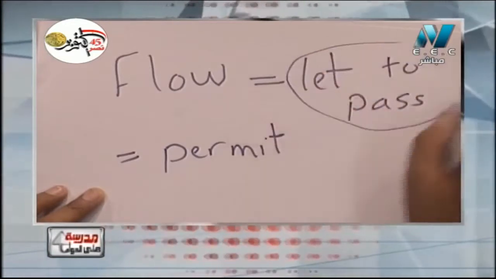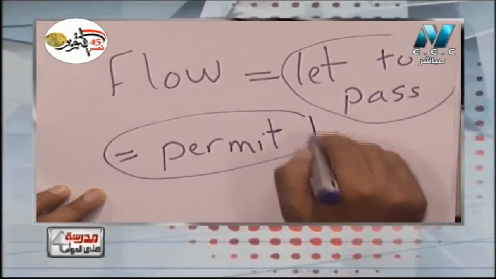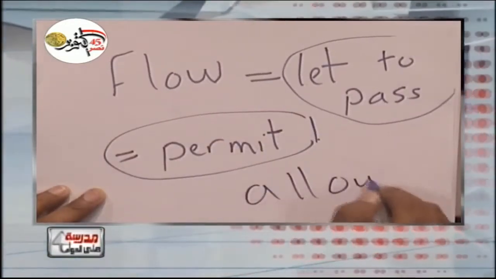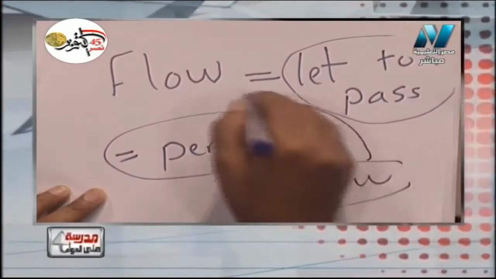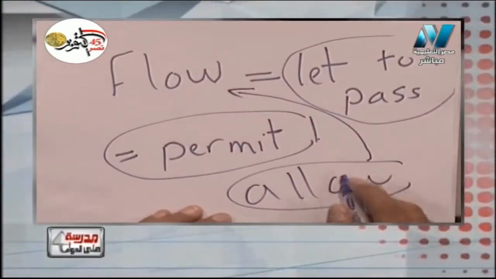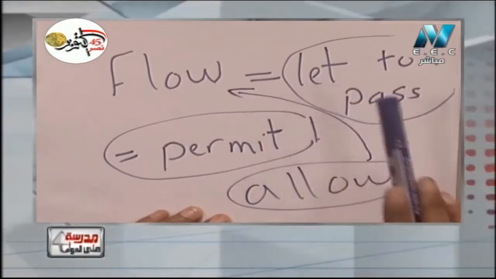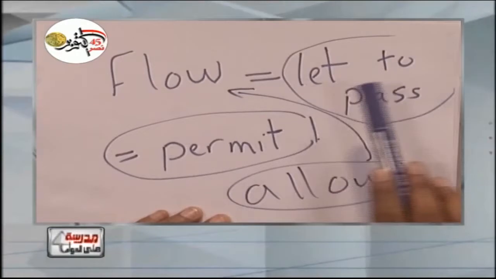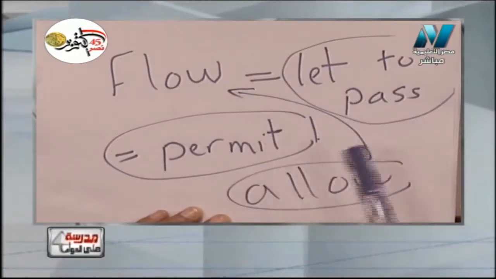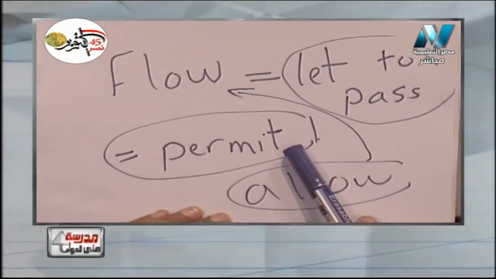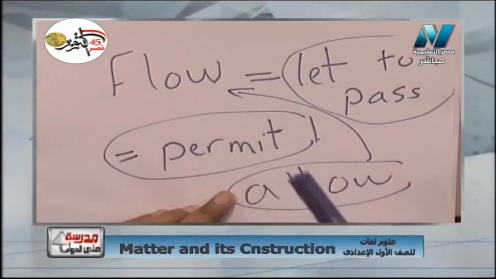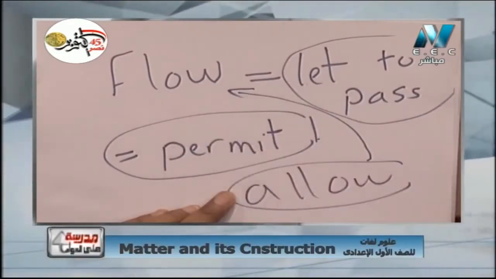All the same. Allow has the same meaning, to flow. So I can say that good conductors of electricity let electric current pass or flow, or permit electric current to flow, or allow electric current to flow, the same.